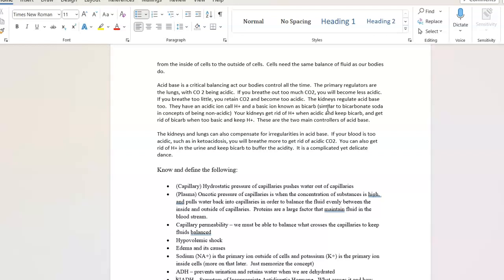Okay. If you retain too much CO2, you become acidic. So we're thinking about our body's normal pH, which is 7.35, and the pH scale, you should be familiar with it. I'm not going to review that. If you're not, pause the tape right now and review the pH scale. Okay. So our normal pH in the human body, and this is interstitial tissues, bloodstream, etc. And you might see a little variation in this number, but it should be 7.35 to 7.45.